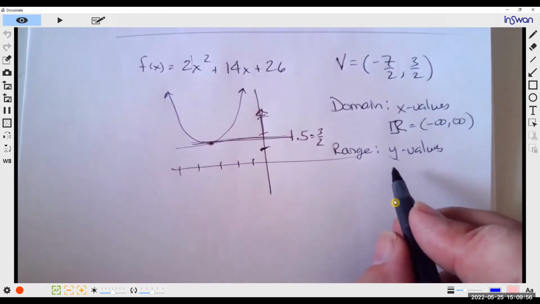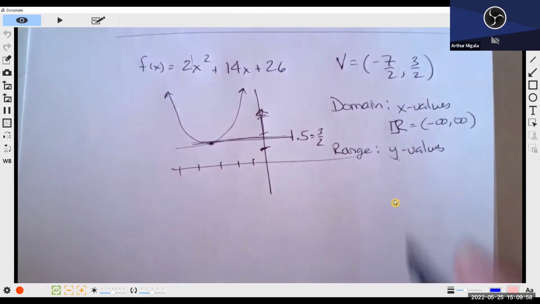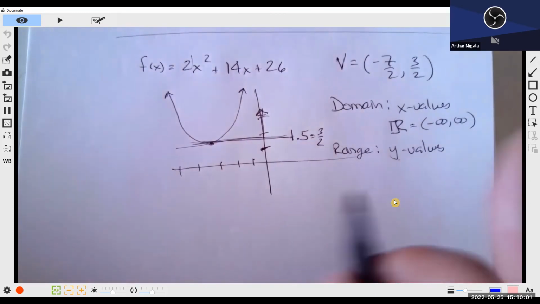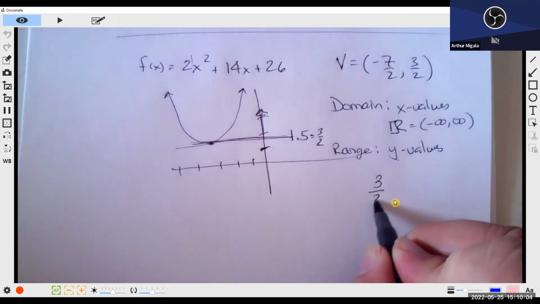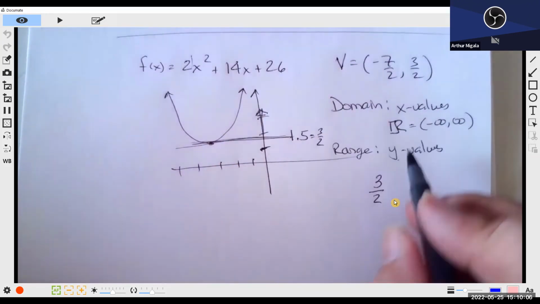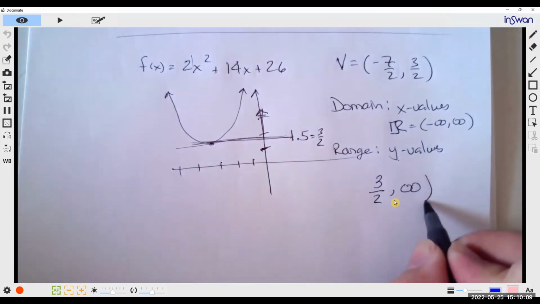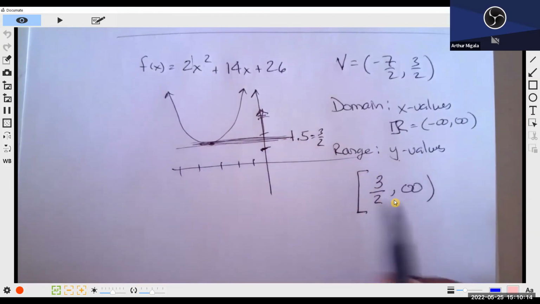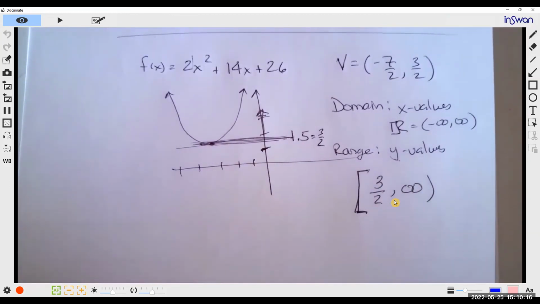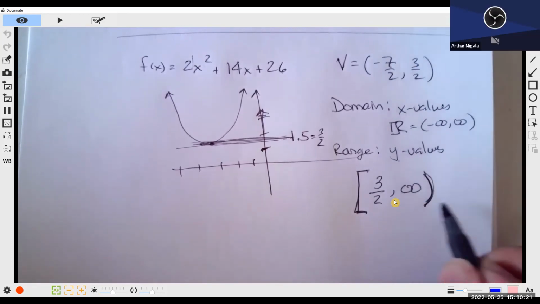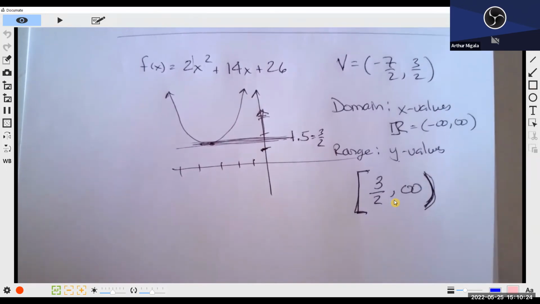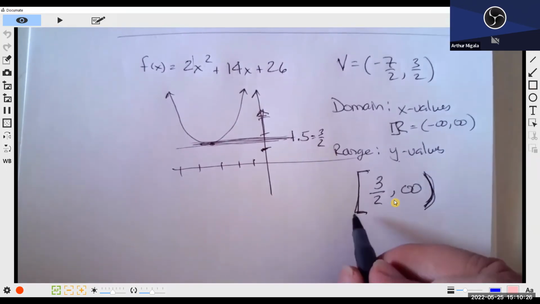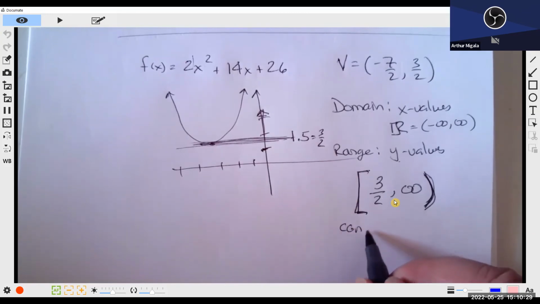So for the range, since it's opening up, we start at 3/2 and it goes up to where? Infinity. And since we can use 3/2, we put a bracket there. And you can never reach infinity or negative infinity, so you put parentheses there. So brackets means you can include the answer.